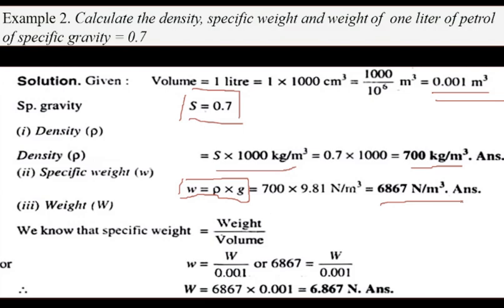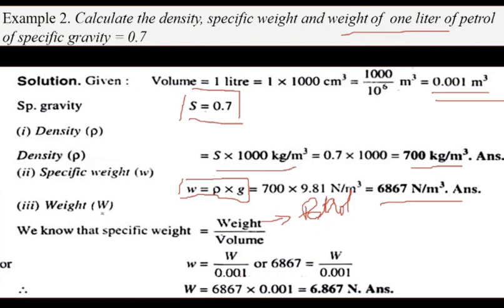Now we have to find the weight of 1 liter of petrol. Okay, so we know that specific weight is equal to weight per unit volume. So specific weight w is equal to weight, which we have to find. This weight is for what? Petrol. We have to find the weight of 1 liter of petrol, but volume we know, that is 1 liter, that is 0.001 meter cube.